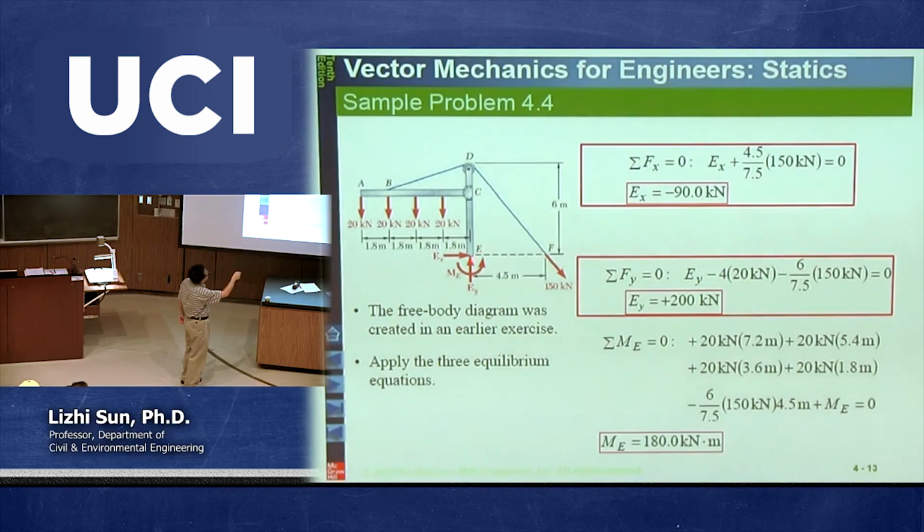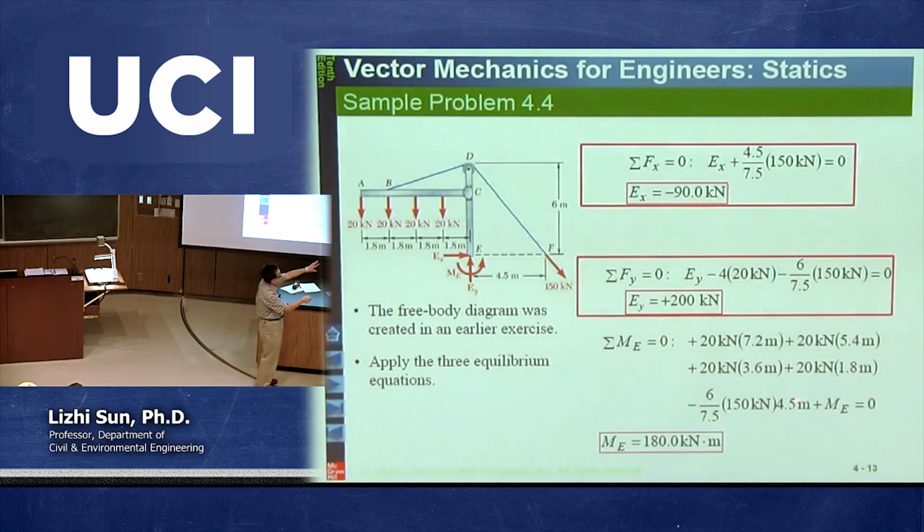So what's the shorter distance of this one? It's going to be 4.5 times sine of this angle. Sine of this angle equals 6 over 7.5. So 4.5 times 6 divided by 7.5.